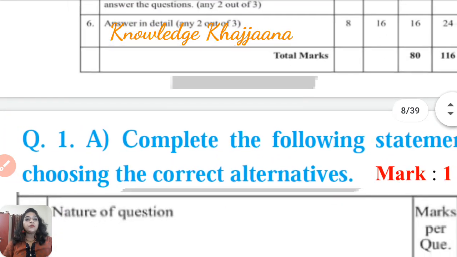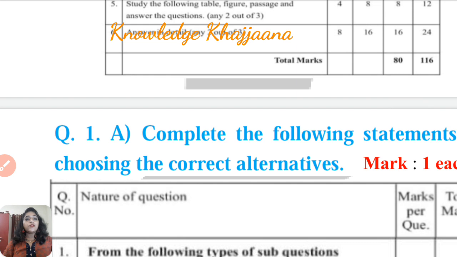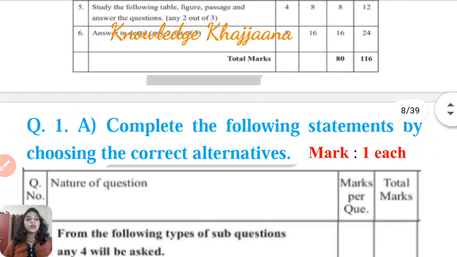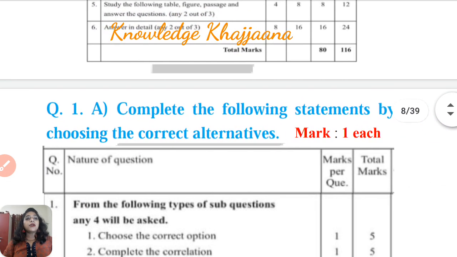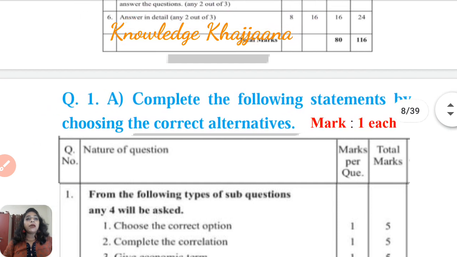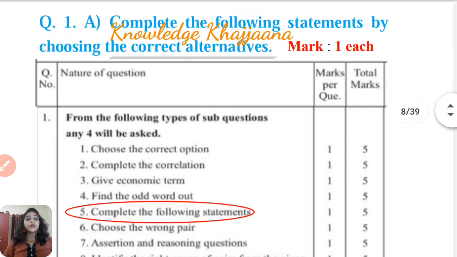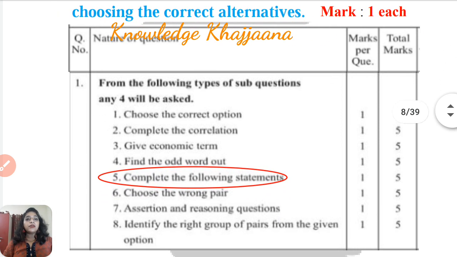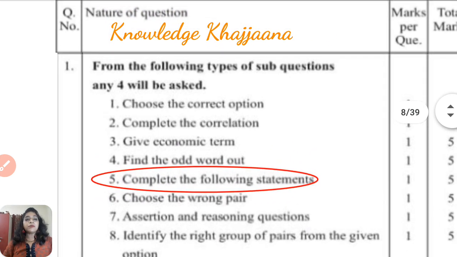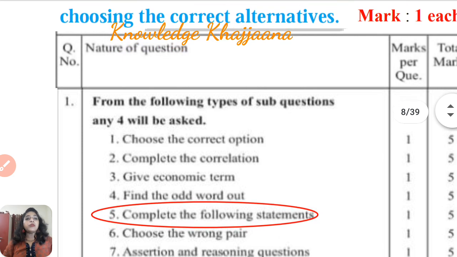This is the first question, question number 1A in your exercise: complete the following statements by choosing the correct alternatives, which is of 1 mark each. As per this paper pattern, this may come under question number 1. From the following types of sub questions, any 4 will be asked.